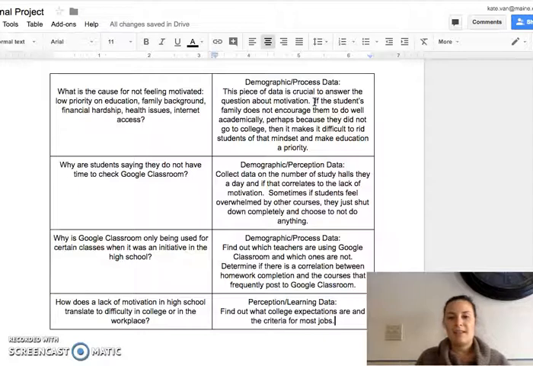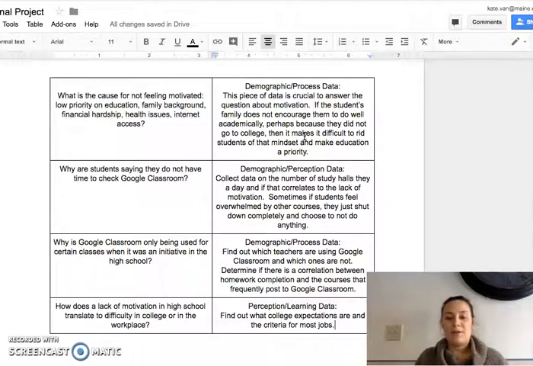We know what it would look like if it was fully implemented, but we need to figure out how to address that. And that's where the demographic piece ties into it. Does demographic play a part in implementing the whole entire process? Because sometimes, if you have a family member who didn't graduate from high school or didn't graduate from college, that makes it very difficult to then motivate their child to want to do homework or place importance or priority on education.